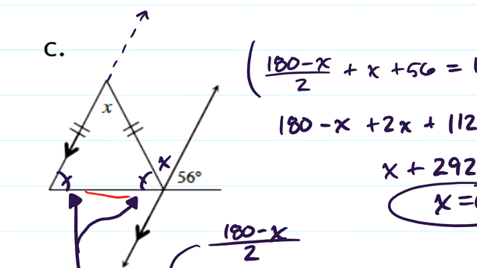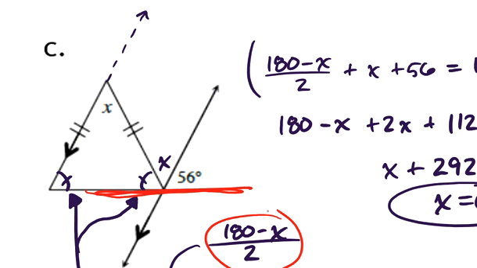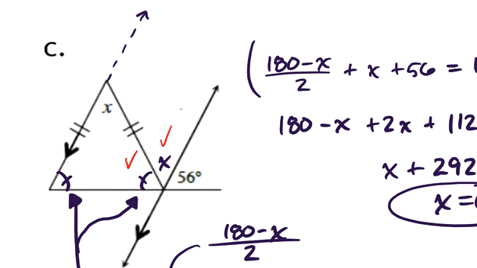You can see this is a straight line in here. So what I said was 180 minus x over 2, that's this angle, plus this angle that's x, right, plus this angle that's 56, have to add up to 180. So that was the relationship I came up with.